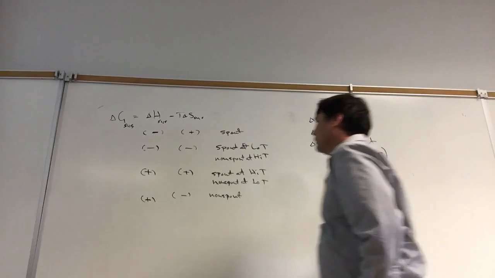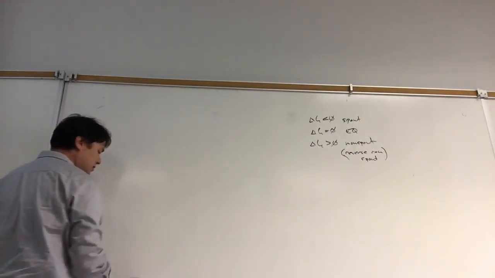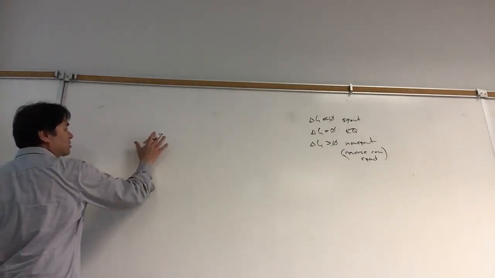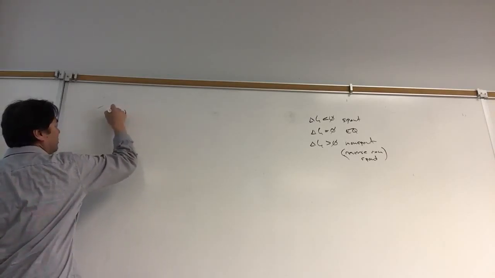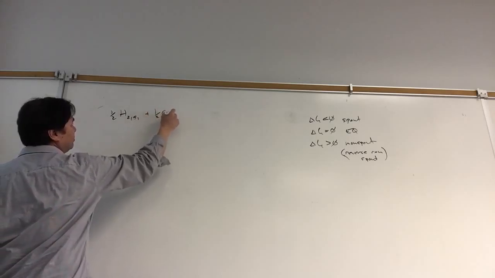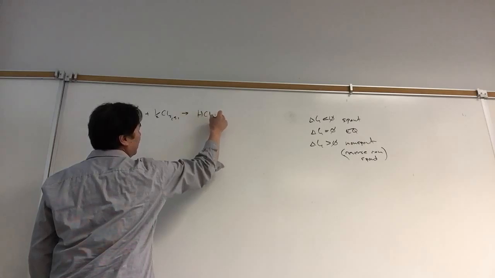So this is the way we're going to compare the two driving forces. There's actually just one driving force, the entropy of the universe, but we can break that into energy and entropy. When we break it into energy and entropy, let's go back to this problem. We have 1/2 H2 gas plus 1/2 Cl2 gas. This is going to go to HCl(aq).